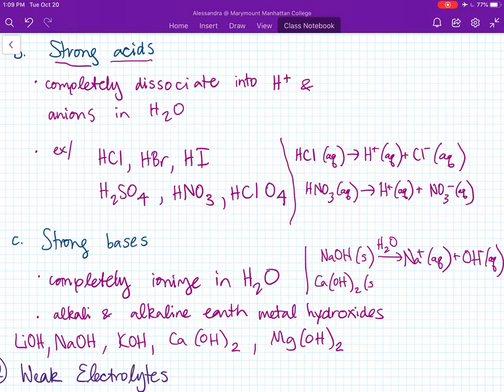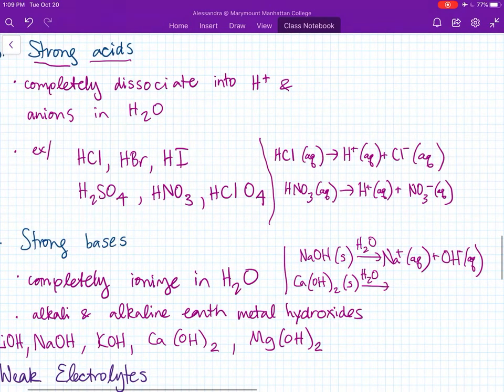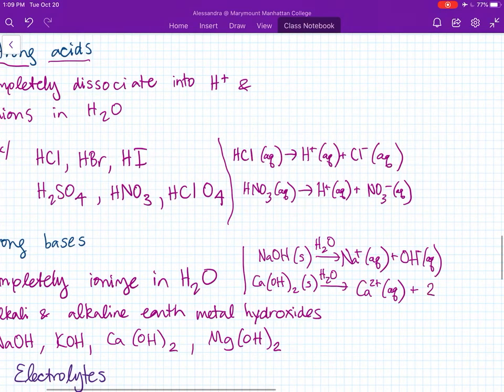Calcium hydroxide, for example, if you want to have a balanced reaction for its dissociation, you have to keep in mind that you have 1 calcium, and it has a 2+ charge, but you have 2 hydroxides coming out for every mole of calcium hydroxide that you dissolve.